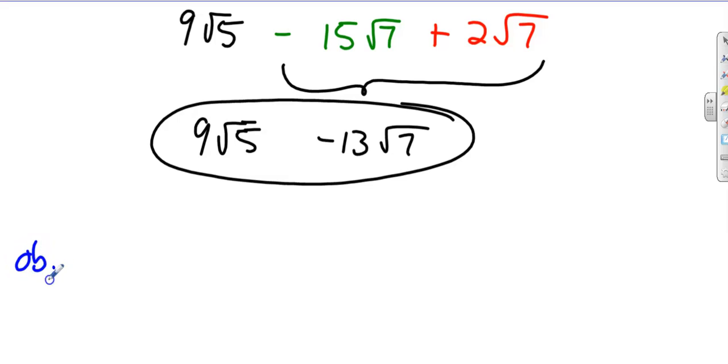Okay, and then the last objective in section 4. Same thought process, still having you add and subtract on this one, but for this part, they're going to add in variables.